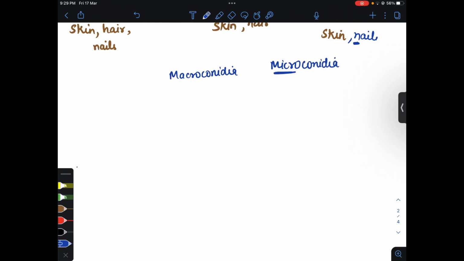Micro means small, and macro means enlarged. So micro is small and macro is the enlarged one. In macroconidia or microconidia, we have 3 conditions: trichophyton, microsporum, and the last one epidermophyton, which can also represent a symbol, that is telegram channel, TME.